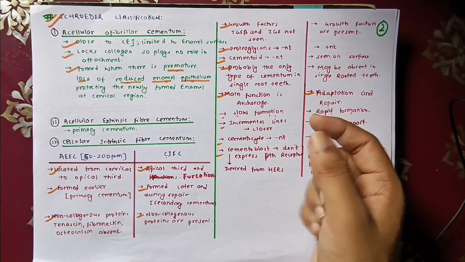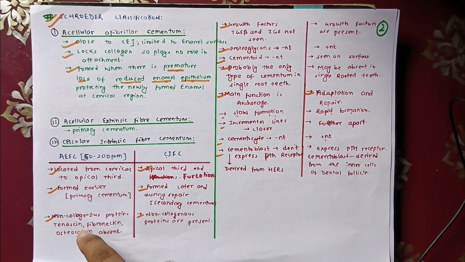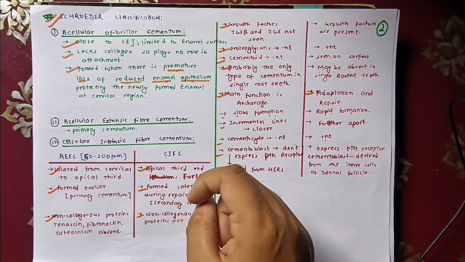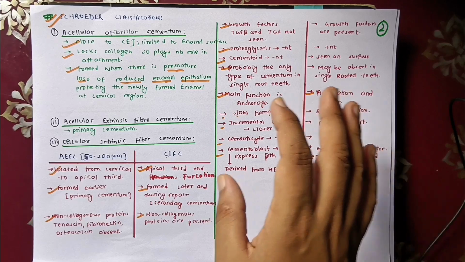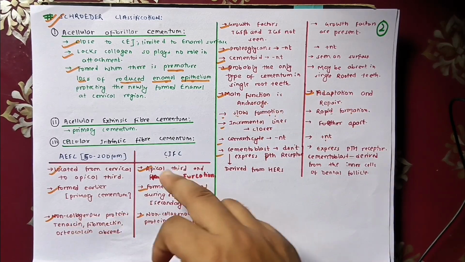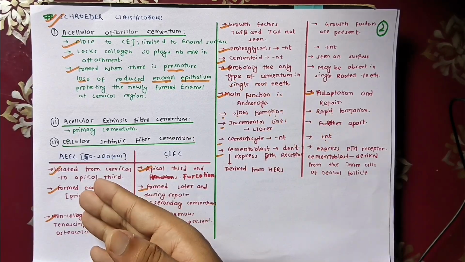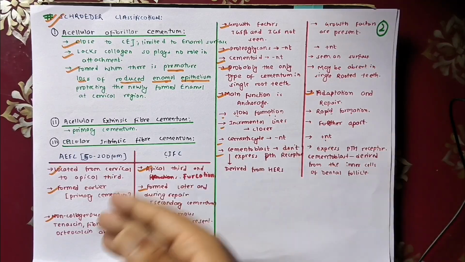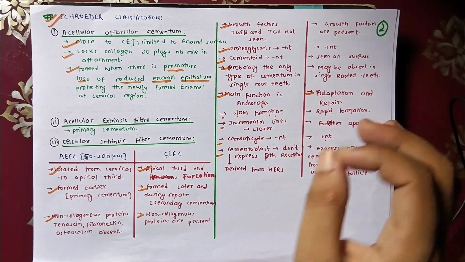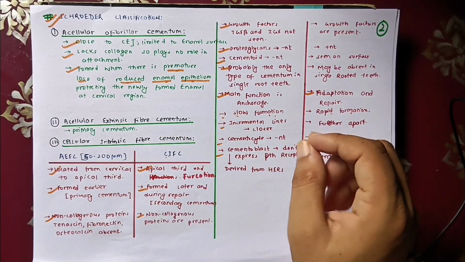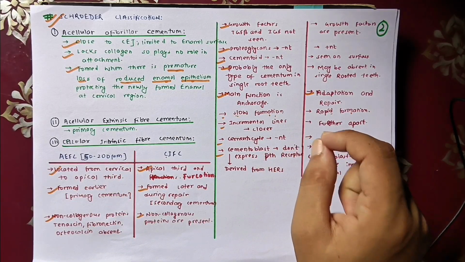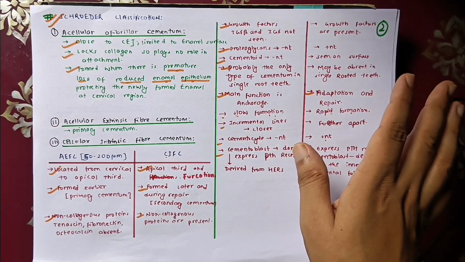Again you come to the non-collagenous proteins, and just remember non-collagenous proteins like tenascin and osteonectin are absent in AEFC, but they are present in CIFC. After that, growth factors are also absent in AEFC and present in CIFC, as there is no kind of cell there. You can remember it this way: as there are no cells in the acellular extrinsic fiber cementum, there will be no proteins there.